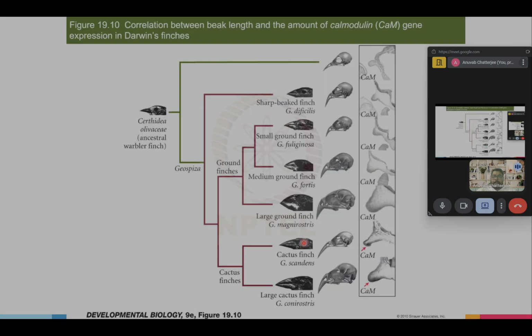A similar thing can be seen in the case of calmodulin. With more calmodulin being expressed, you have longer beaks. As you can see right here, as the expression of calmodulin increases, you have longer and longer beaks.